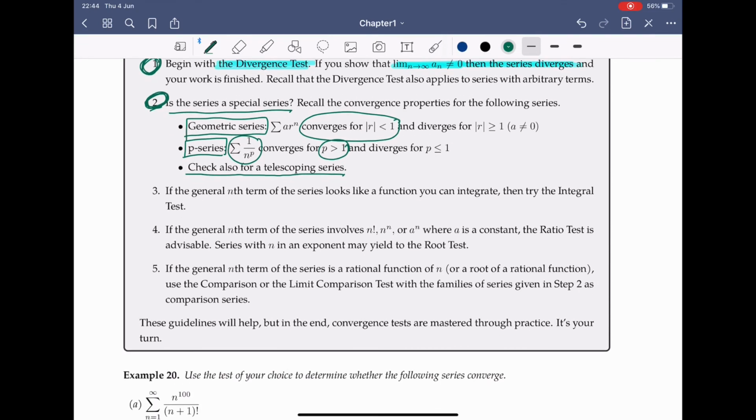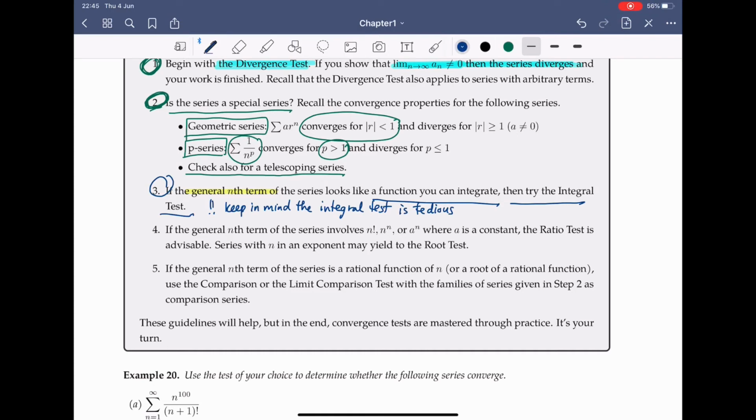If not, you can look at the general term of the series. If the general term looks like something that you can integrate, then you can use the integral test. But keep in mind that the integral test is tedious, because in order to use it, you need to check 3 conditions and then you have to integrate it.